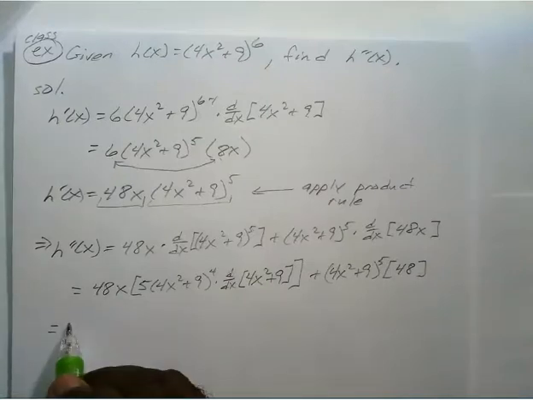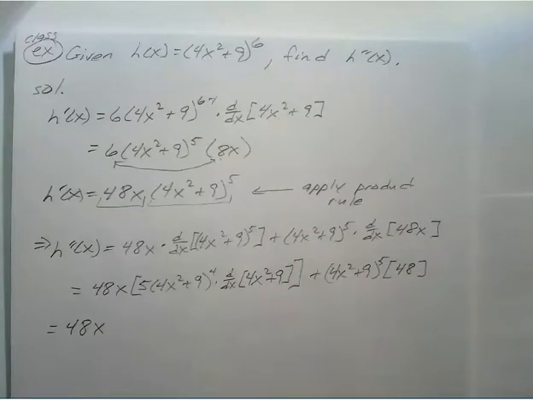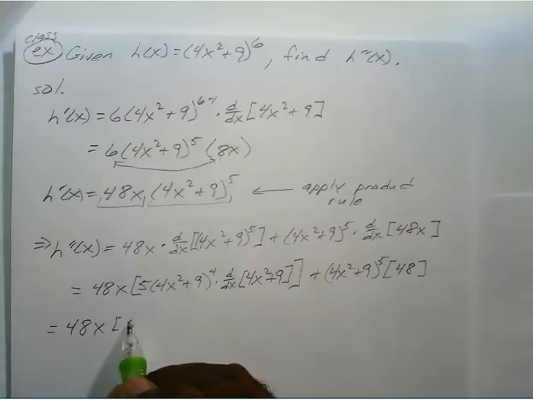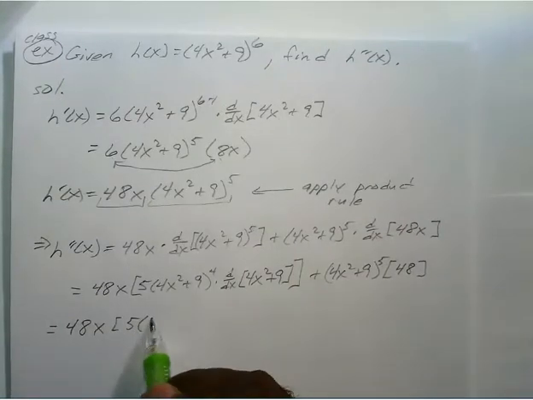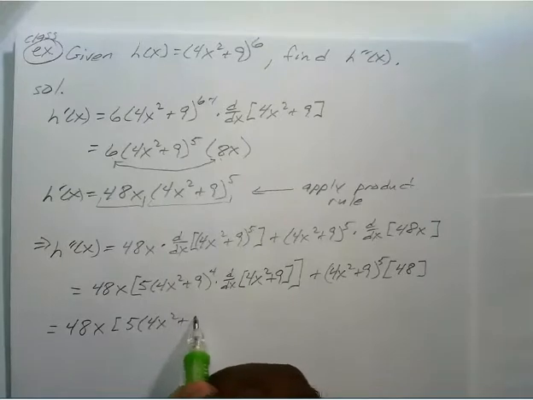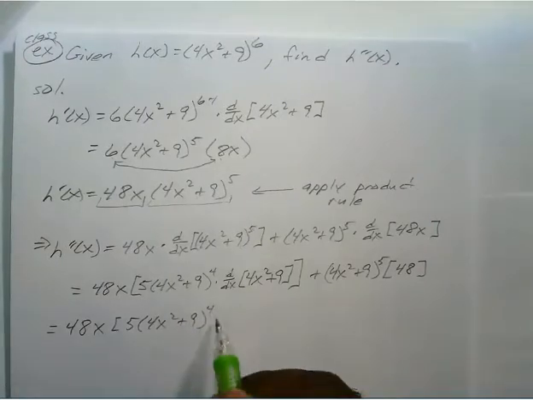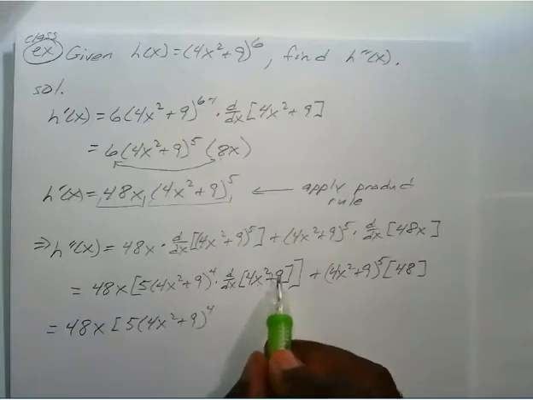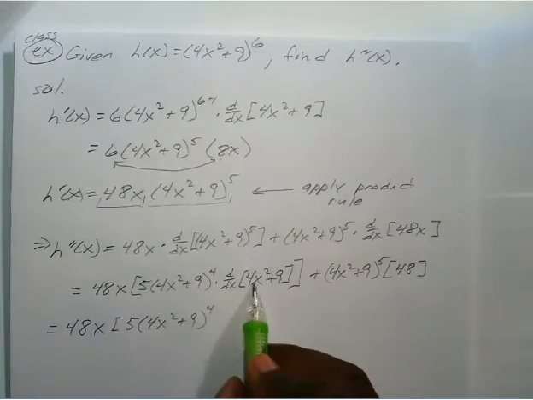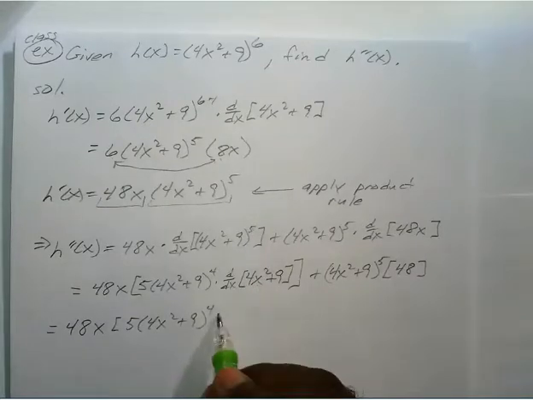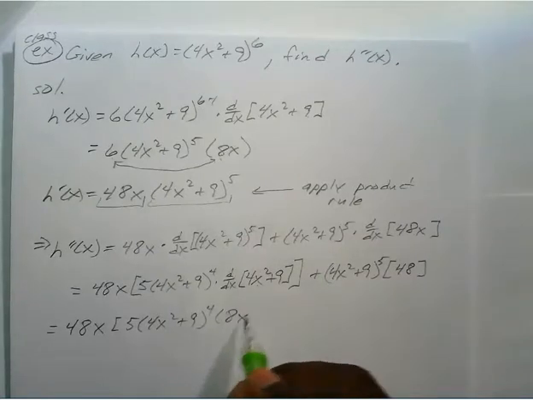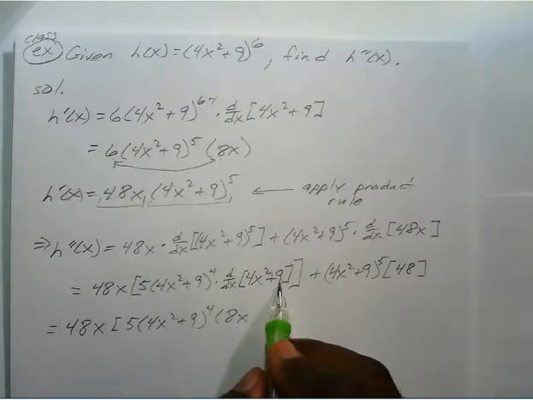Okay, so that gives us 48x times 5 times (4x squared plus 9) to the 4th power times the derivative of 4x squared plus 9, the derivative of 4x squared, bring down the 2, that gives us 8x. And the derivative of 9 is just 0.